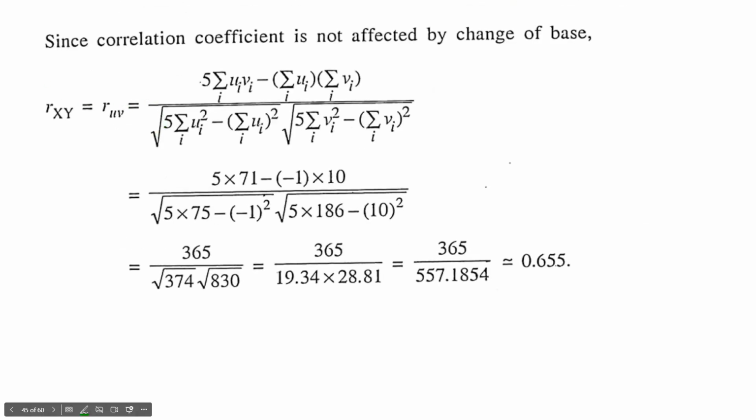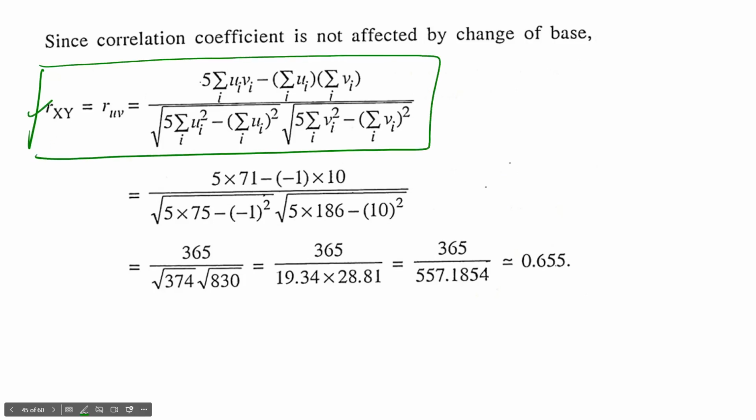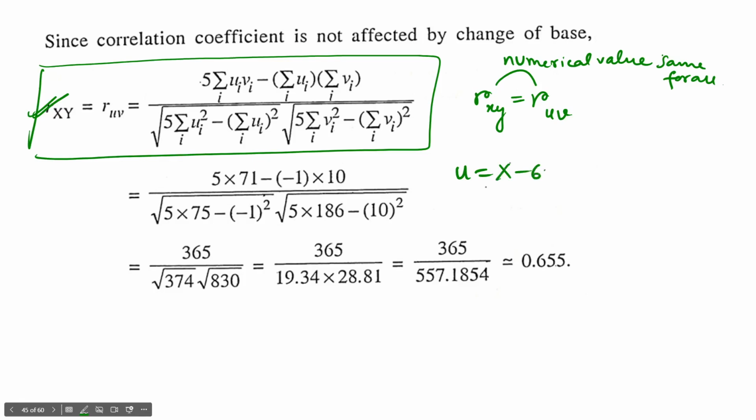Very basic. This is the main formula that we have discussed in the theory classes. What is the formula? Rxy equal to ruv, because the numerical value will be same for all when you are changing base and origin. See here, u equal to x minus 62 divided by 1, and v is y minus 64, sorry, x minus 64 and y minus 62, divided by 1.